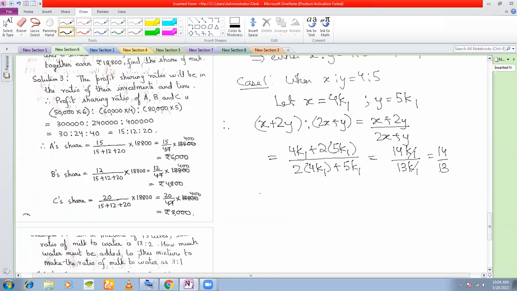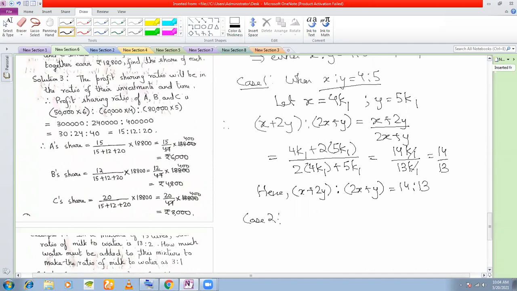Okay, so therefore, what is the value we're getting? x plus 2y is to 2x plus y is equal to 14 is to 13. This value we are getting when we are taking x is to y is equal to 4 is to 5.